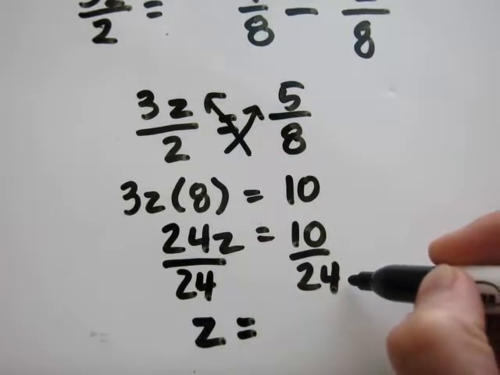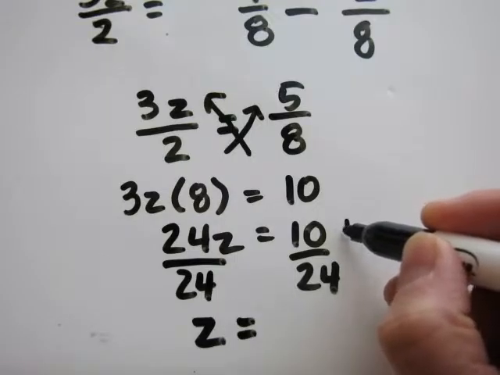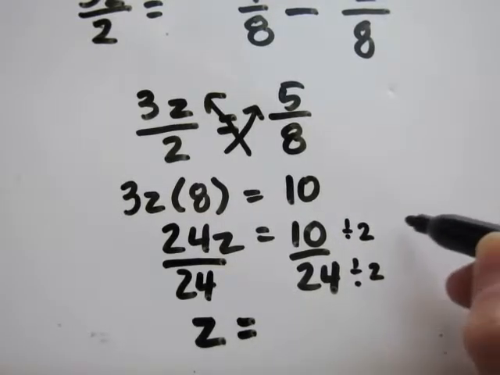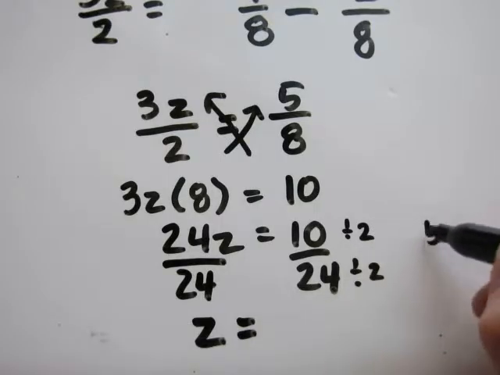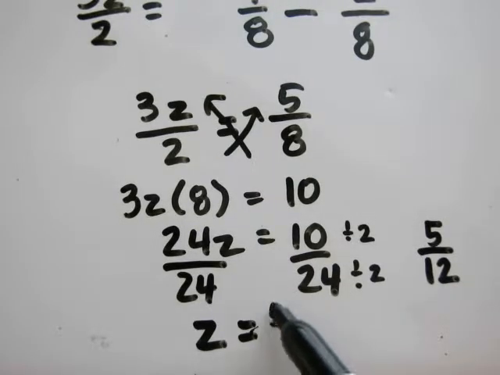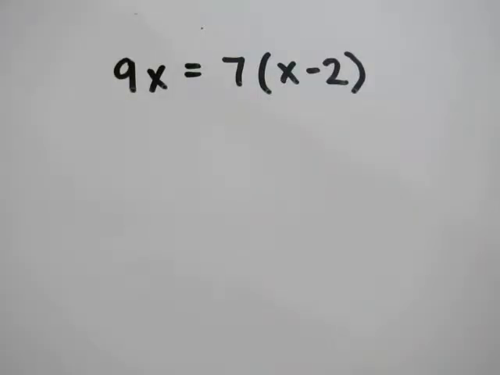Both 10 and 24 are even numbers, so you can divide by 2 to simplify. 10 divided by 2 is 5. 24 divided by 2 is 12. So z equals 5 over 12.